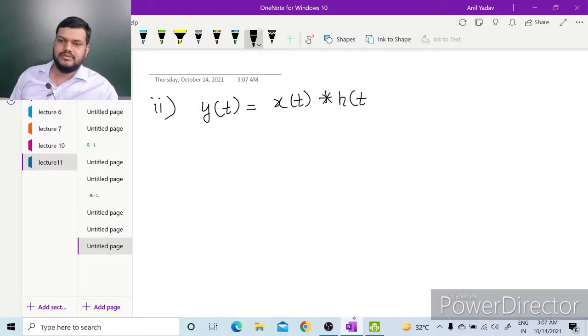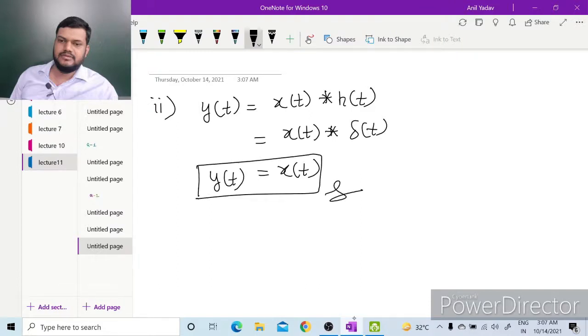We know the overall impulse response of the system is δ(t), so y(t) becomes x(t) convolved with δ(t), and by the property, any x(t) convolved with δ(t) is x(t). So the overall output is the same as the overall input. So let us stop this module here. In the subsequent module, we will go through discrete time LTI systems.